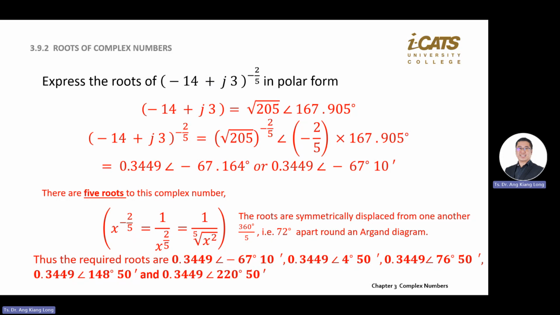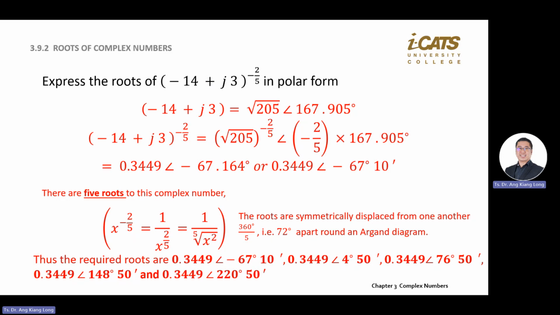And you plus another 72, which is 76 degrees. So in your Argand diagram, you should show me the angle from here to here, from the real axis, 72 point something.